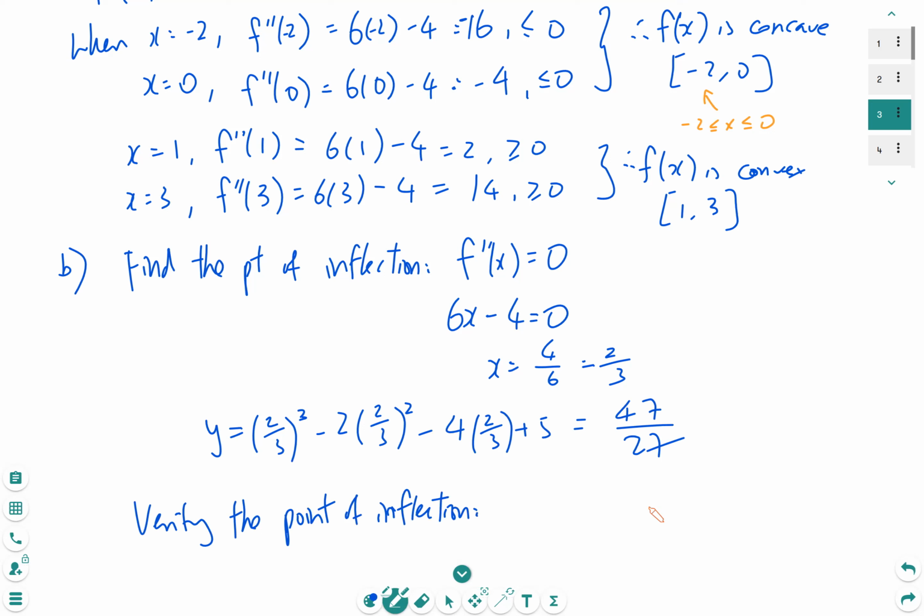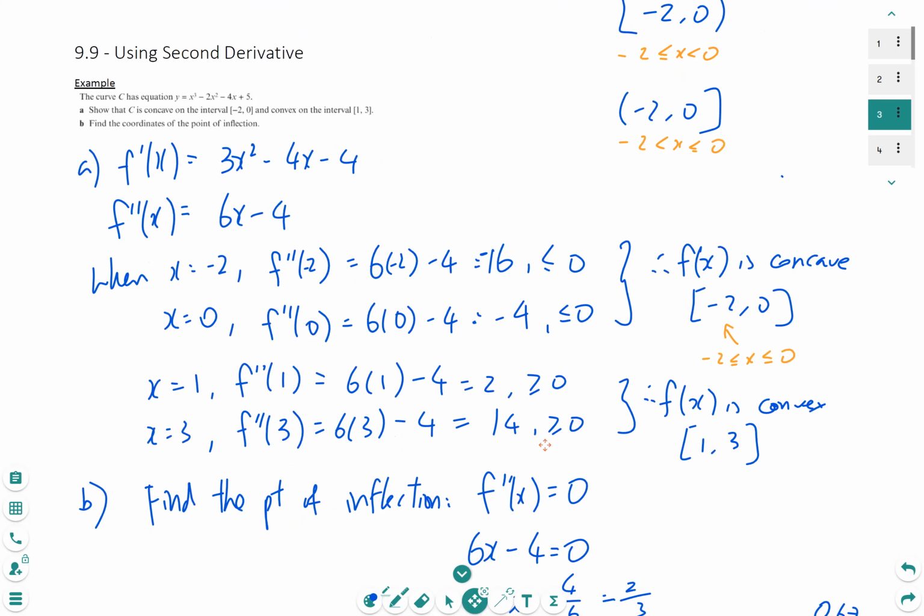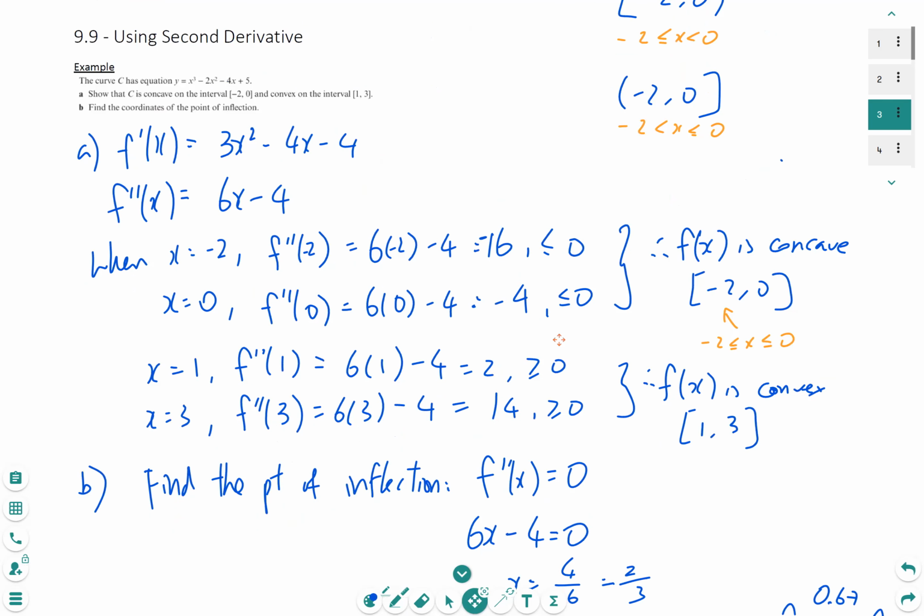To verify it, you need to sub in x just before and just after the point, 2/3. If you think about decimals, 2/3 is 0.667 or 0.67. So we can sub in 0.66 and 0.68 into the second derivative, because we want to show the second derivative changes sign before and after the point of inflection.